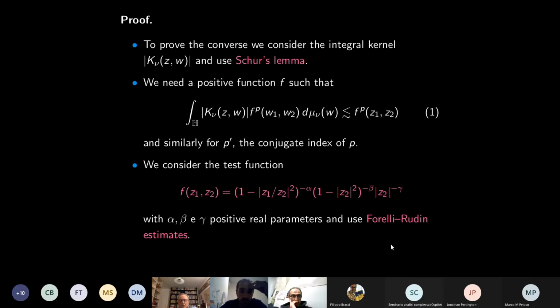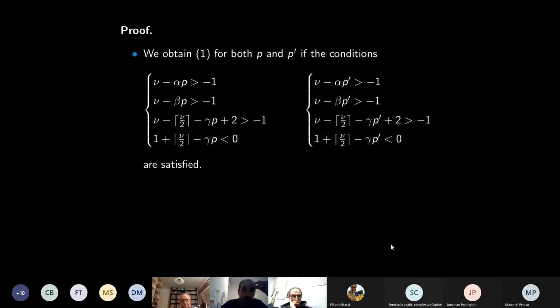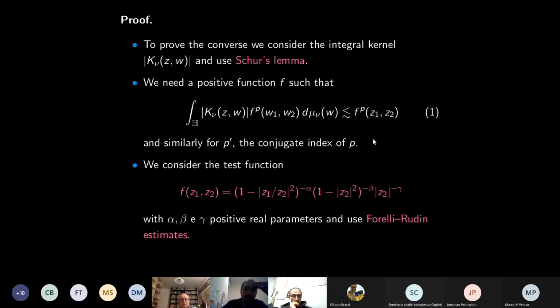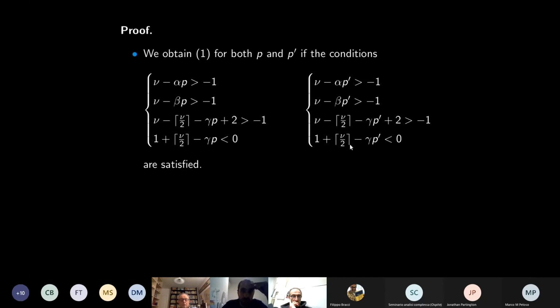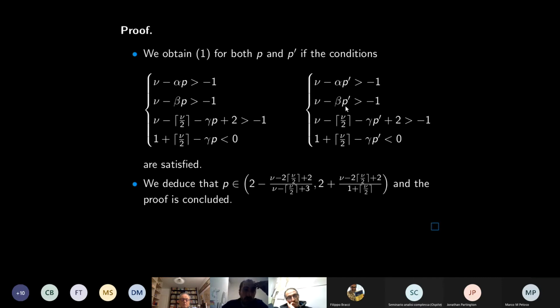Then we use some Forelli-Rudin estimates that are very classical, and we conclude that we have this estimate for p and p prime if these two sets of conditions are satisfied. I'm not going to read these conditions, but you want them to be satisfied simultaneously, and you deduce that this happens exactly when p belongs to the interval we are interested in. And so this concludes the proof.